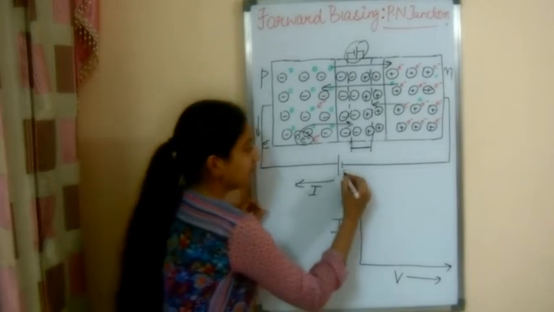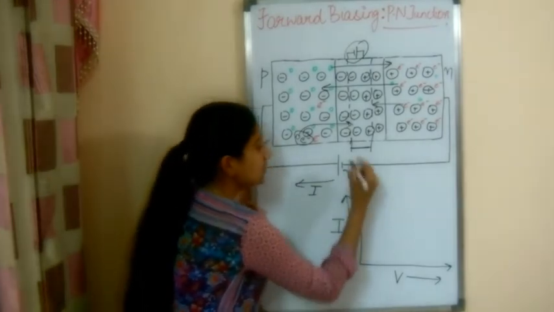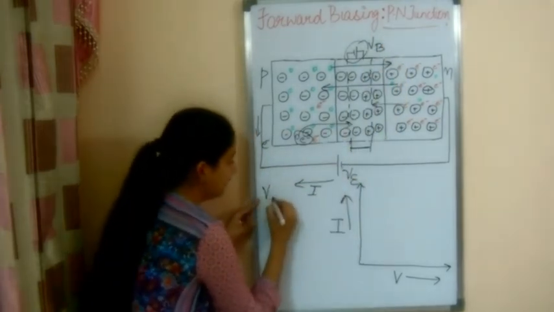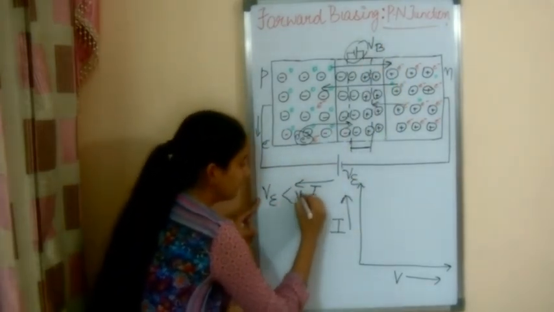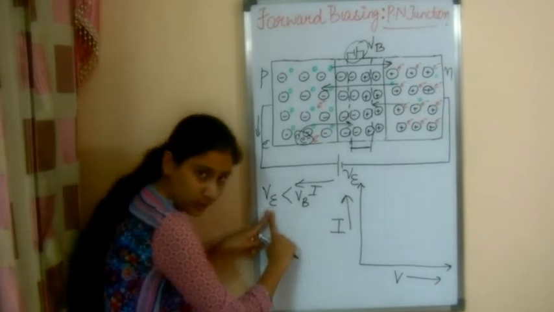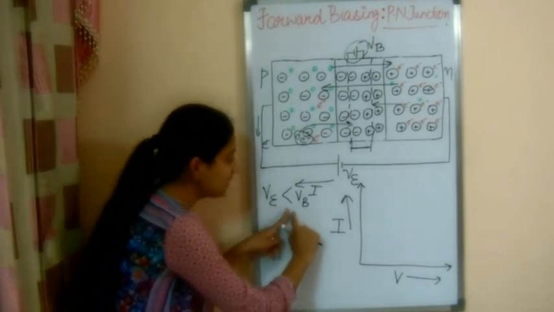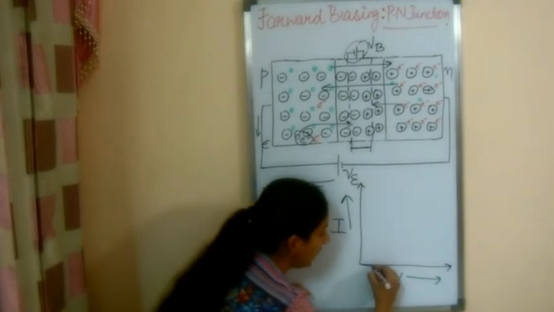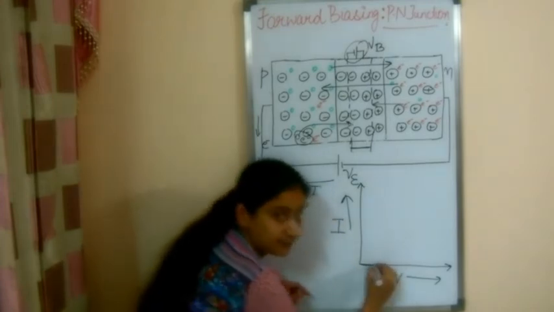So when the external voltage VE is less than the barrier voltage VB, no current is going to flow. That means we are going to get a graph like this.